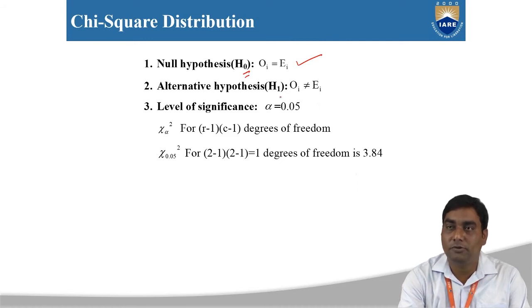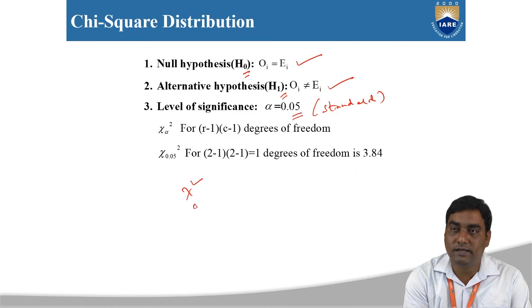The alternative hypothesis, denoted by H1: there is a difference between observed and expected frequencies. The level of significance alpha is 0.05, which is standard. If it is not mentioned in the problem, we can take the level of significance alpha as 0.05 directly.